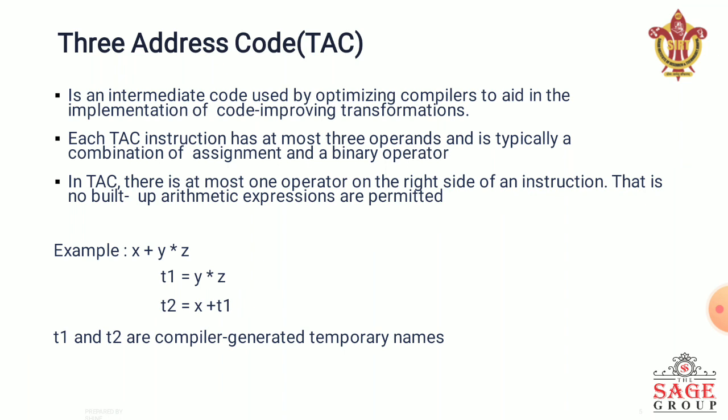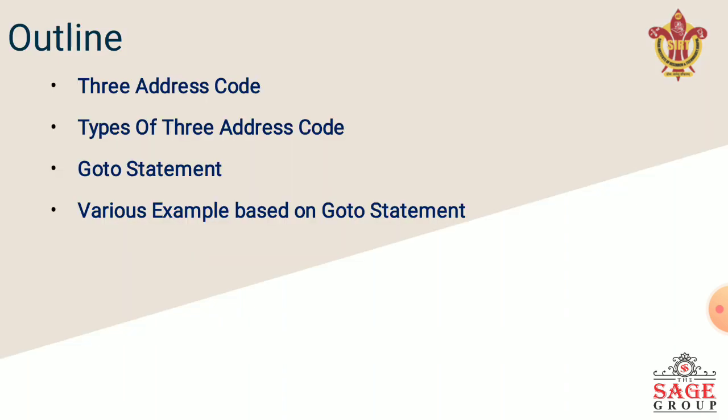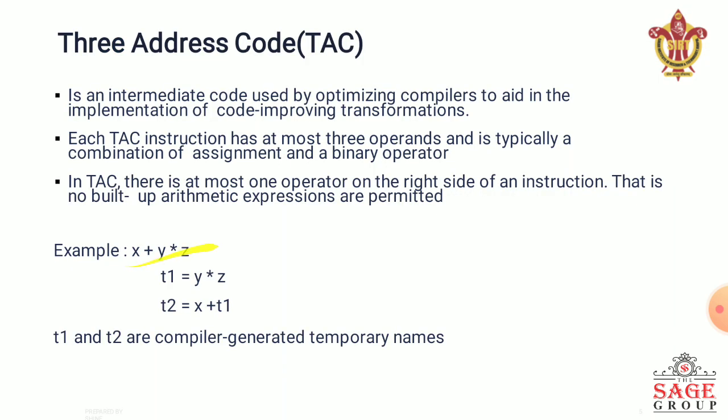If we take an example where the expression is given, x plus y into z. To represent this in the form of three address code, we apply the priority rule of operators. The multiplication has higher priority than addition.